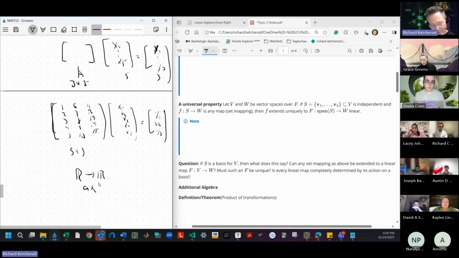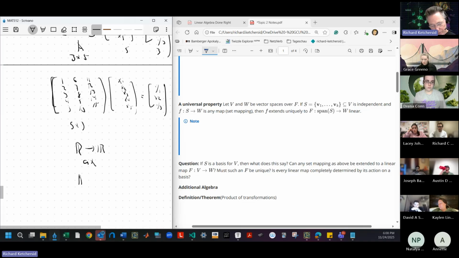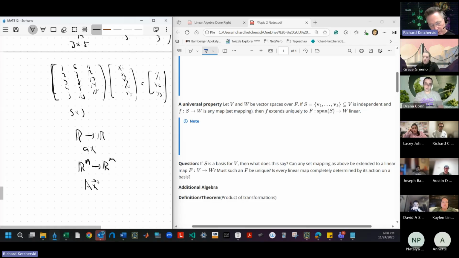So in our very simplest vector space, R to R, we have a constant times x as our generic map. In the more general case, we're going from Rn to Rm, and we do Ax, where now x is a vector from Rn, and the output is in Rm, and A is an m by n matrix.